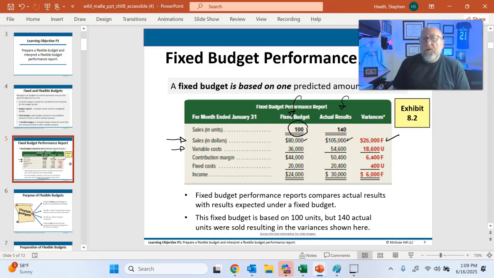Our original budget was 36,000, and it turns out we incurred 54,000. If my costs are more than I anticipated, regardless of the fact that I sold more units, it's going to be an unfavorable variance. And again, I don't know whether it's because we sold more units, or some combination of that and things costing more in general.